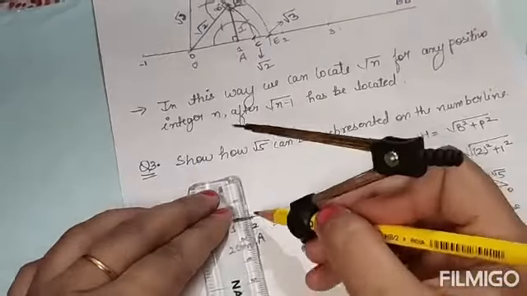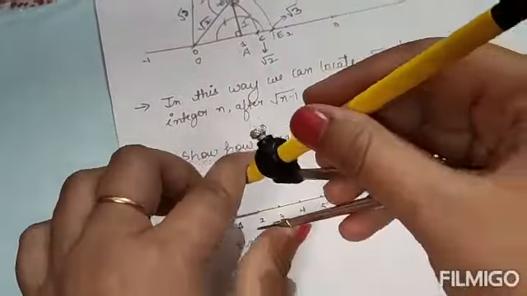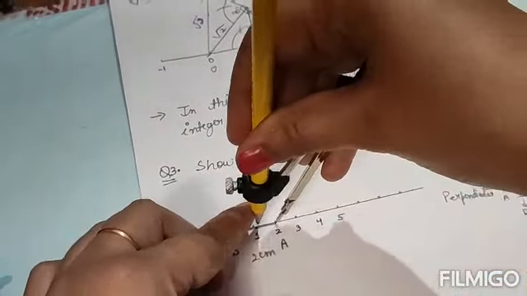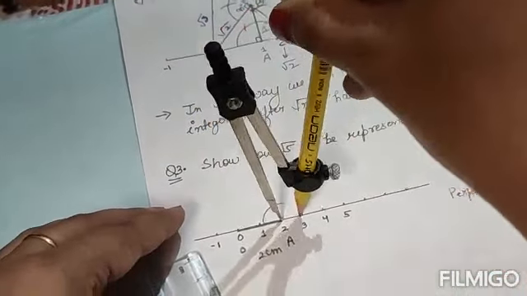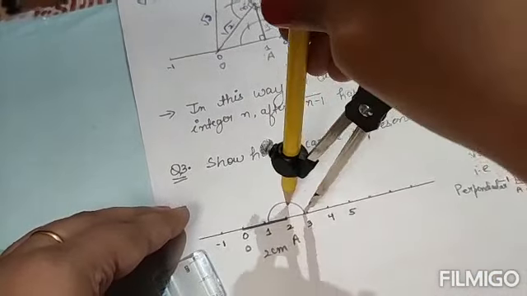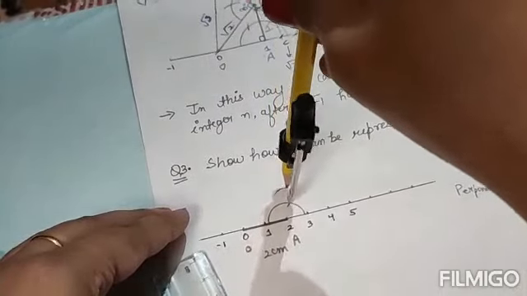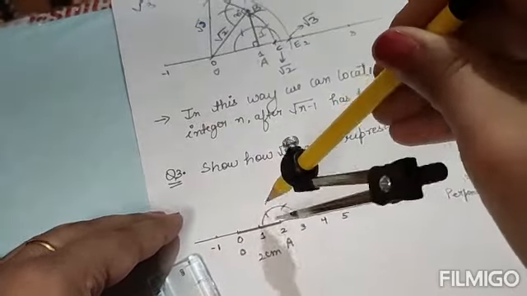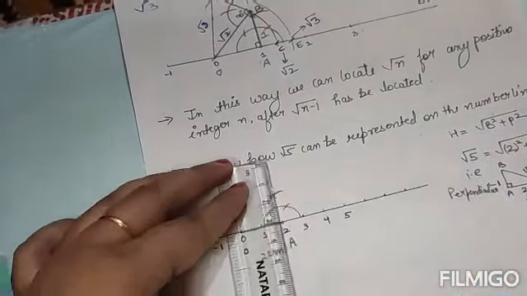For that, you can use a protractor to get a 90 degree, or as I have already taught you how to make 90 right angle, you can further make this arc. This is 60. This is 120, and from here another arc.